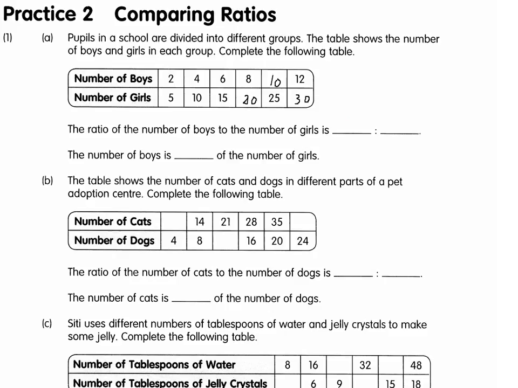The table shows the number of boys and girls in each group. The ratio of the number of boys to the number of girls. We cannot do 2 is to 5? Because some of you were saying, I want to add it up.